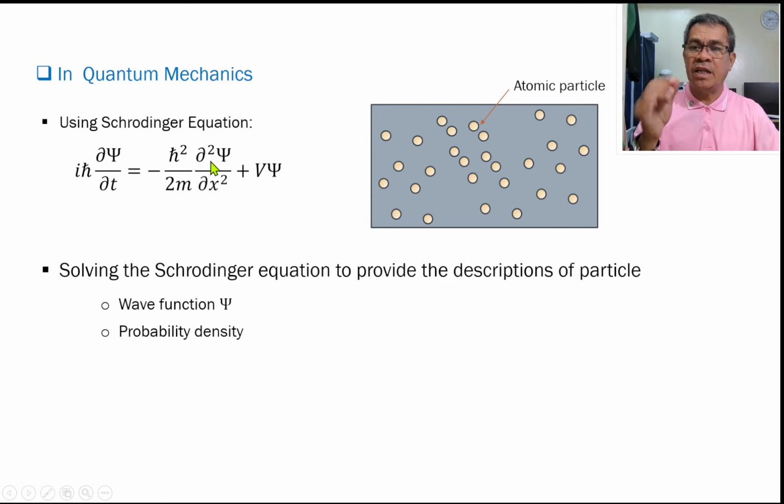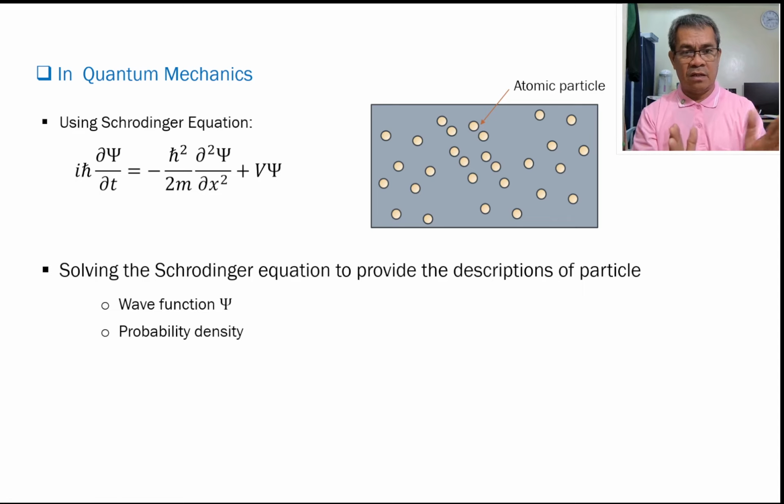Meaning, we badly need to solve the differential equation, which is the Schrodinger equation, in order to provide the wave function. So, if we have the wave function, take the absolute square of that, because the absolute square is the probability density. Okay? Now, if we have the probability density, then we can integrate that with respect to a certain interval of position, of the distance, then we can have the probability.